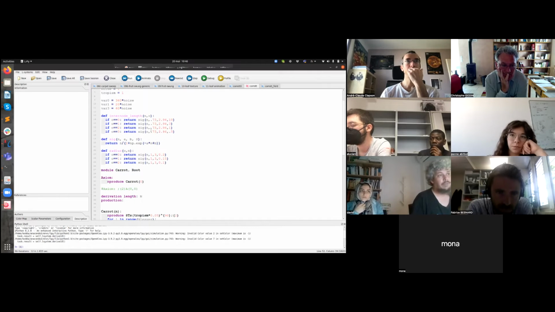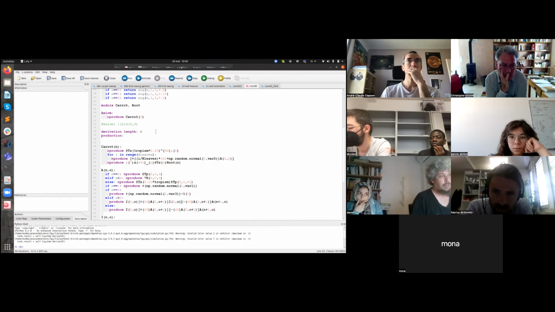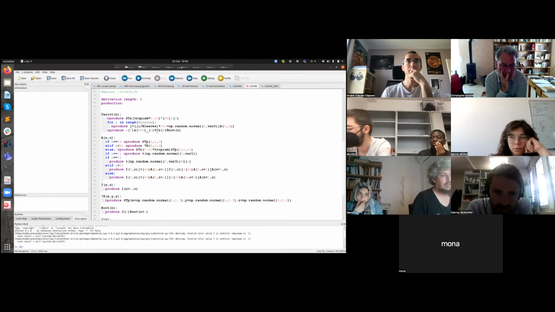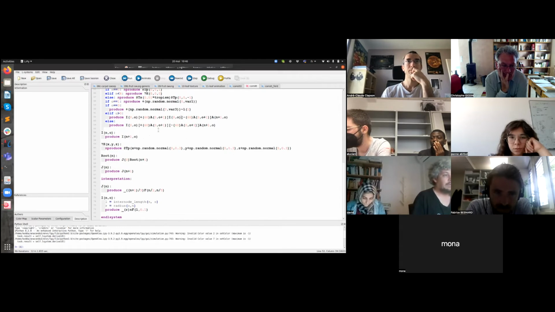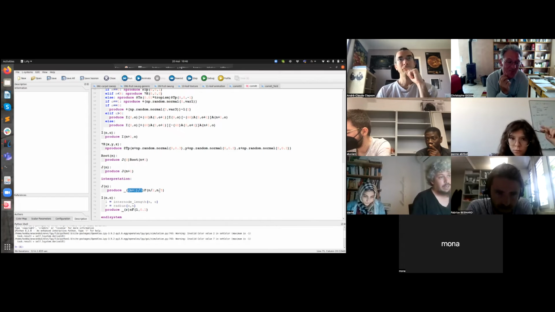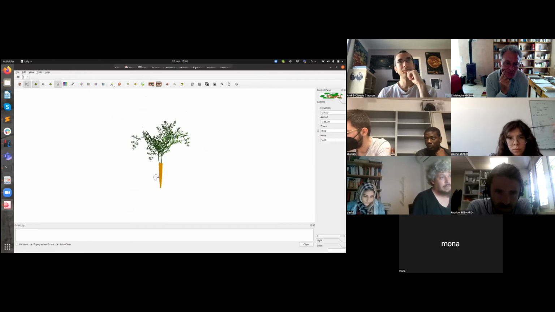I fitted the parameters roughly based on the measurements. And then there is the root. Here you've got the production rule for the root, and the interpretation of the internode for the root. We change the radius and the length of the cylinder, so that it looks a bit like a carrot, like you see here.